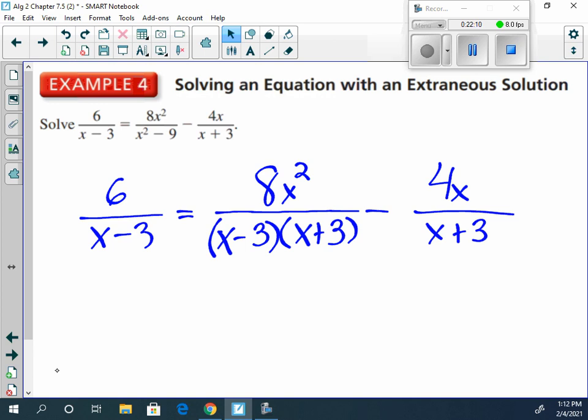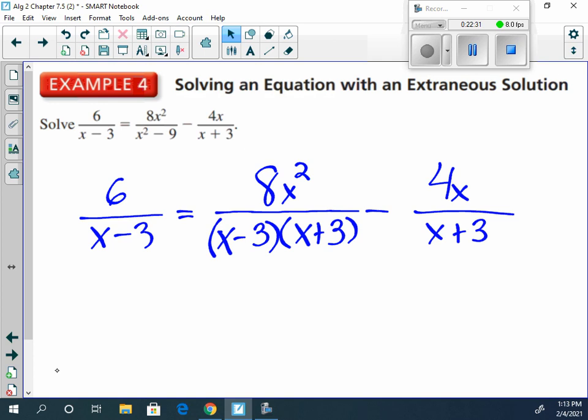So we need both of these here because it's going to be good to factor this. Because if you'd have gone through and just multiplied each of these terms by x minus 3, x plus 3, and x squared minus 9, you would have had an extra factor of both x minus 3 and x plus 3, which would have meant, when we get down to the bottom, I believe, because I did this earlier, we'll get a quadratic.